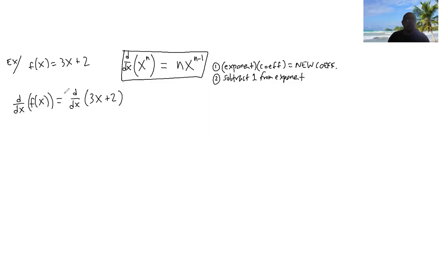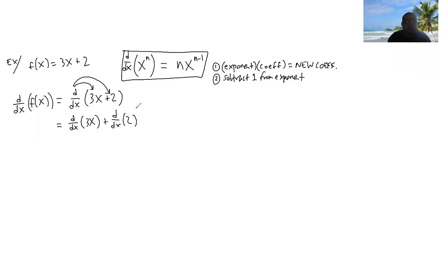What we said in the last example was anytime you see that you're taking the derivative of some expression, you have to remember that you're going to distribute, right, the derivative to each term in this expression. And so this can be written as this, the derivative with respect to x of the first term, 3x, plus the derivative with respect to x of the second term, right?